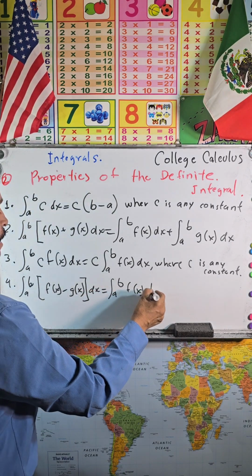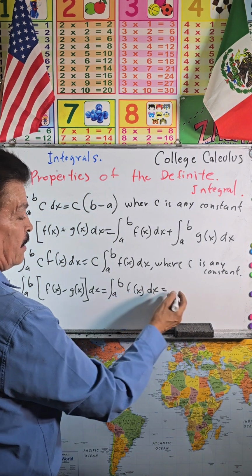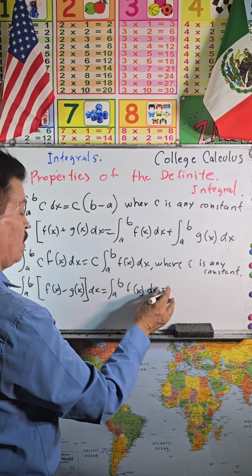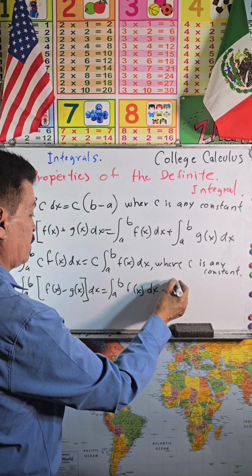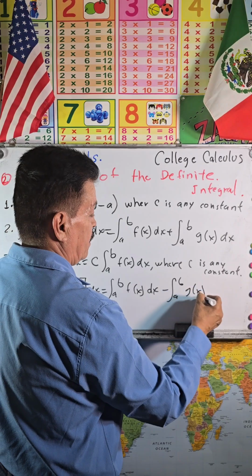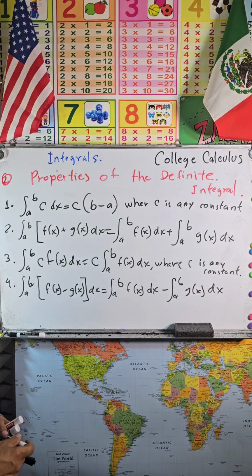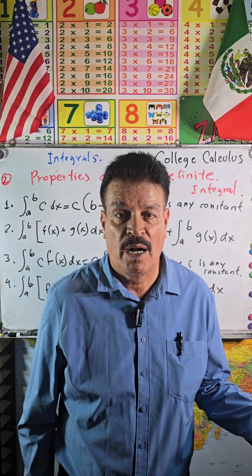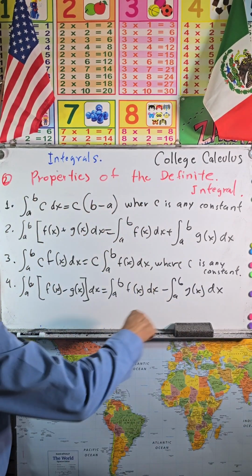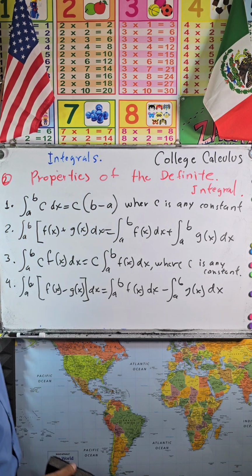I will apply this formula in one problem. After this, let me show you one example. We will see one problem applying one of these formulas. Okay, take a look. The formulas here are properties of the definite integrals.